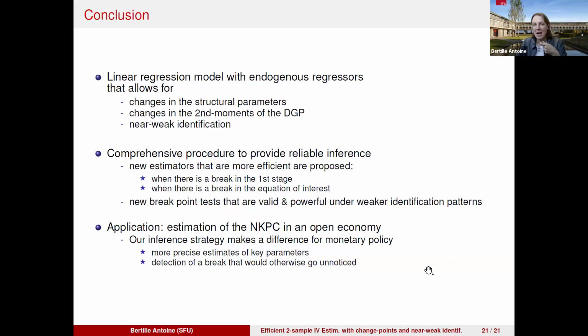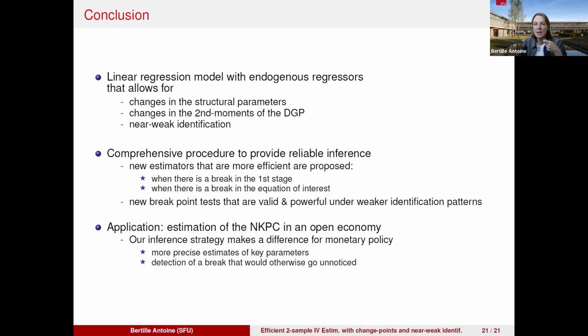All right, so let me just conclude. In this paper, we are focusing on the linear regression model with instruments. Our model allows for abrupt changes in the structural parameters and in the second moment of the GMM, and allows for near-weak identification.